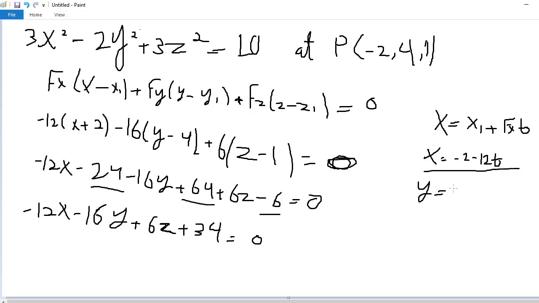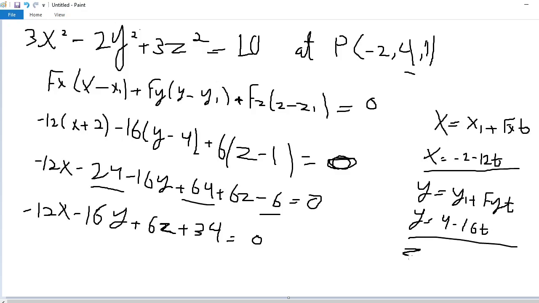Okay, so let's solve for y. Y is going to equal y1 plus fy times t. So y1 is 4, then fy here is negative 16, so it's going to be 4 minus 16t.